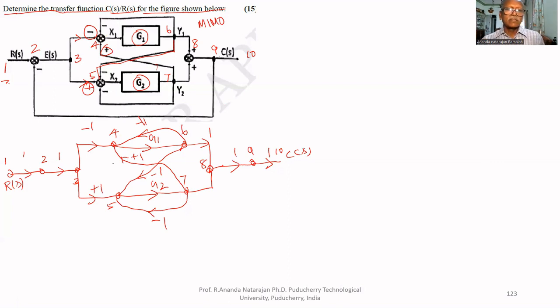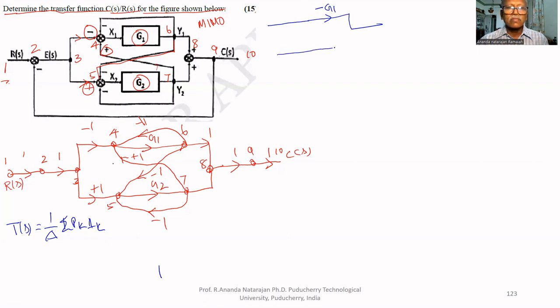Now we have to find the transfer function. For that, the formula is T(s) equal to 1/delta times the sum of Pk delta k, where k is the number of forward paths. Here the number of forward paths equals 4. The first is G1, and with this -1, therefore minus G1.